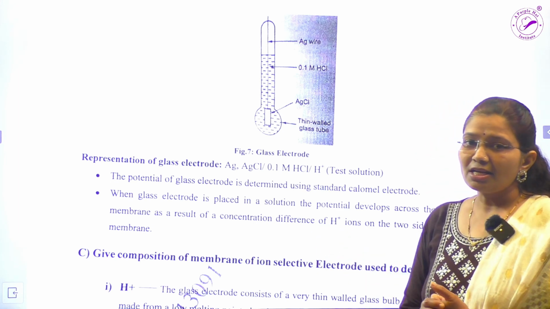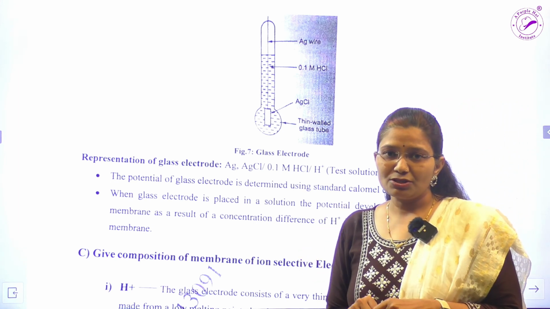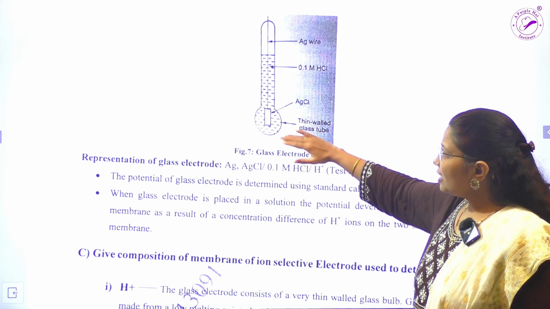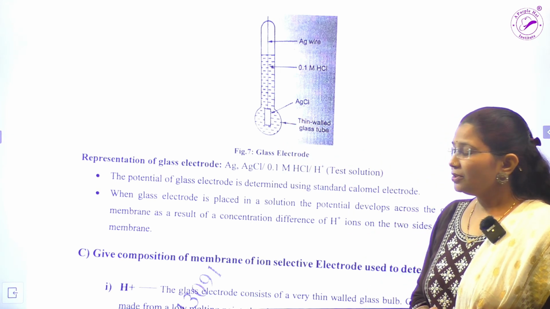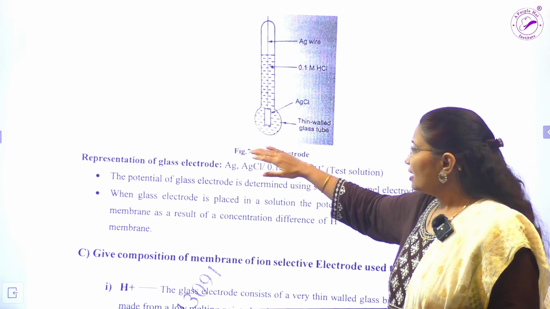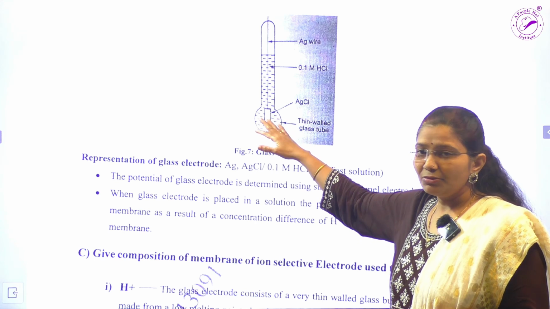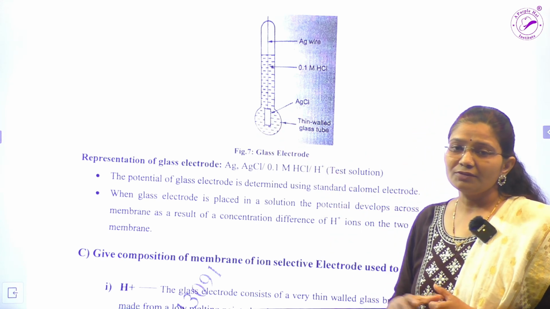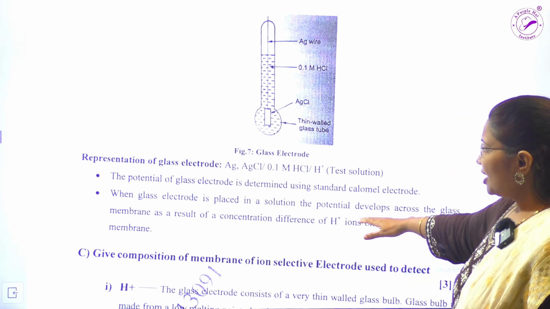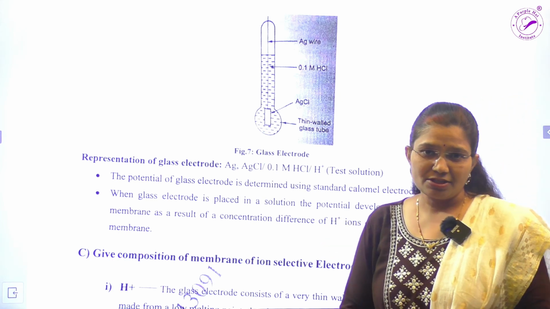When this glass electrode is dipped into the test solution, there is a difference in potential due to the H plus ion concentration. Along this membrane there is a difference in H plus ion concentration, and because of this difference you can measure the H plus ion concentration in the test solution.